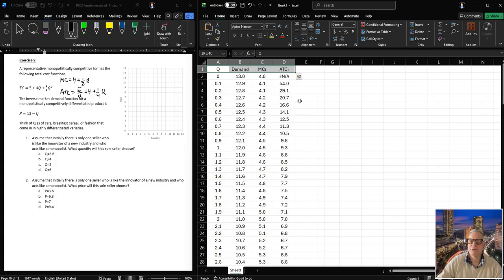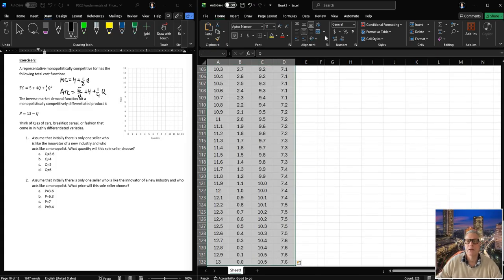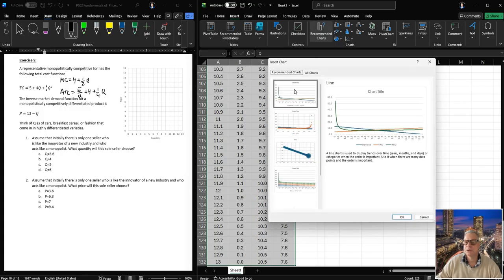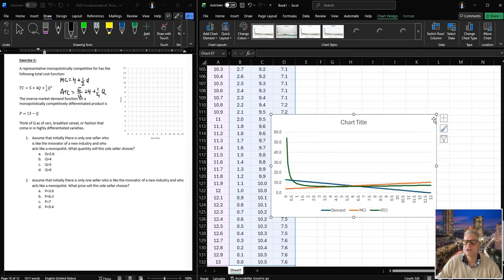Okay, so now let's see what our graph looks like. Go to Insert, Recommended Chart. Okay, let's take the first one. It doesn't look too good yet, but we can fix that.